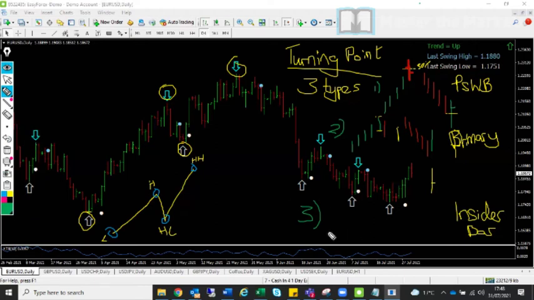This is where the market has been moving up, and then a bar forms that does not break the previous day's high, and it does not break the previous day's low.